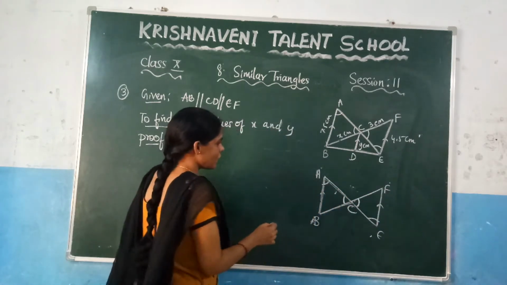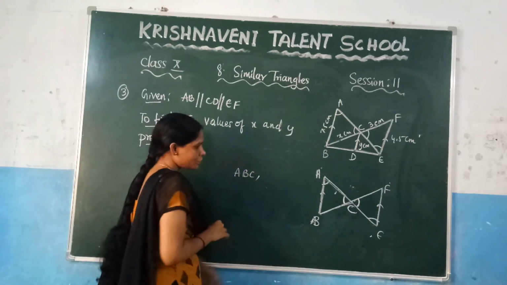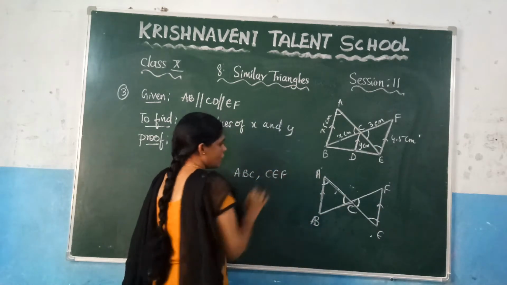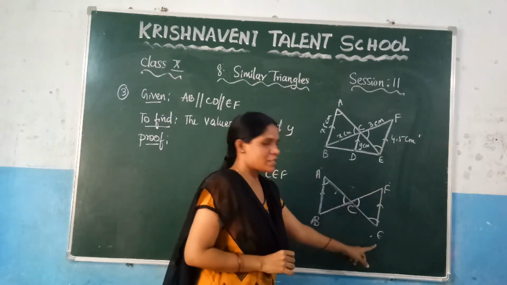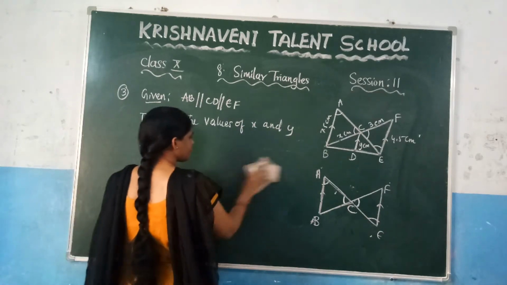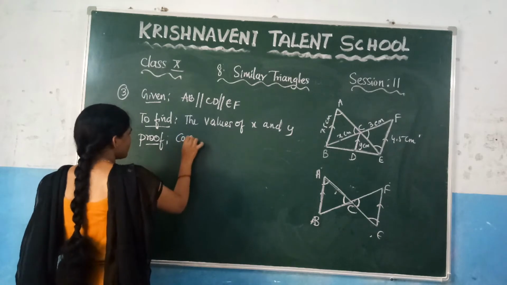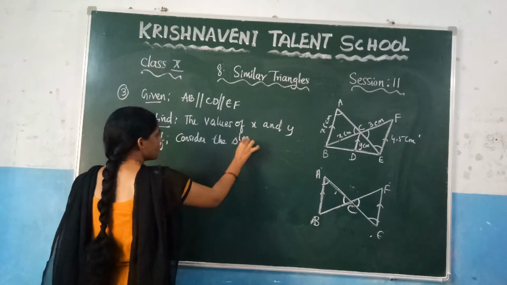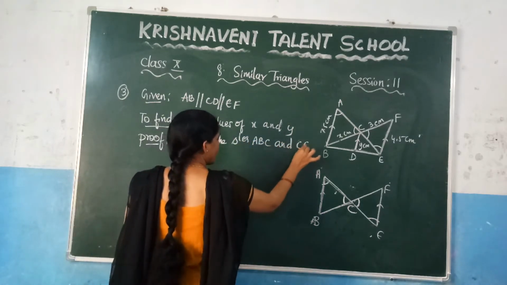So what we have done here, consider the triangle ABC, and one more triangle CEF. Here angle ACB is equal to angle FCE. So here I am writing directly. Consider the triangles ABC and CEF.